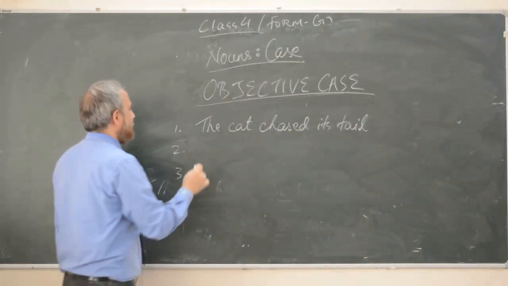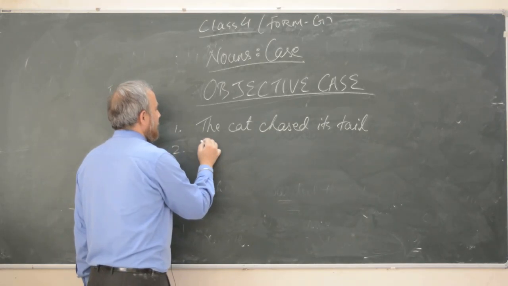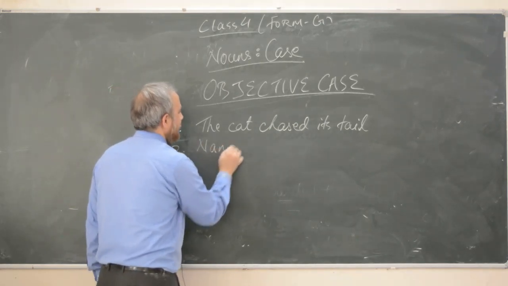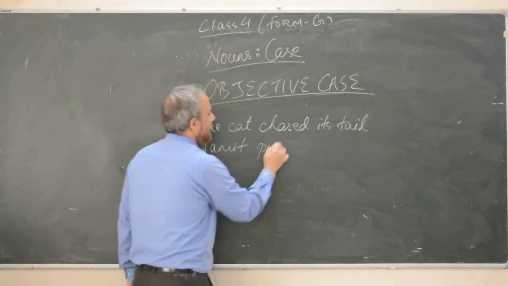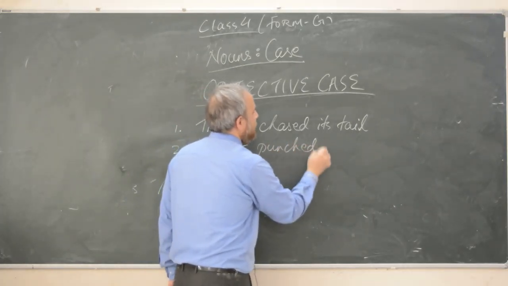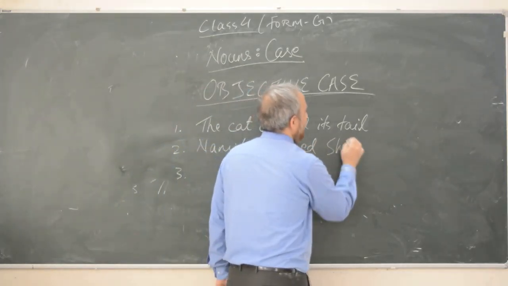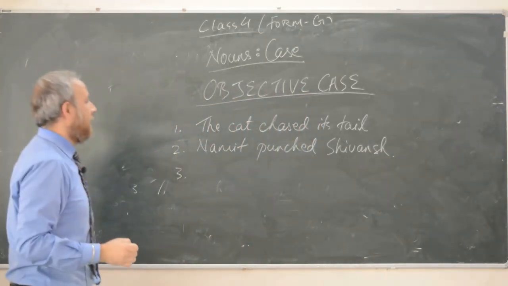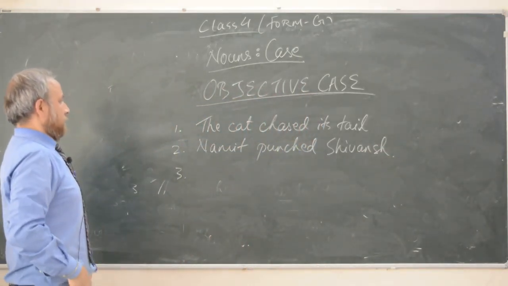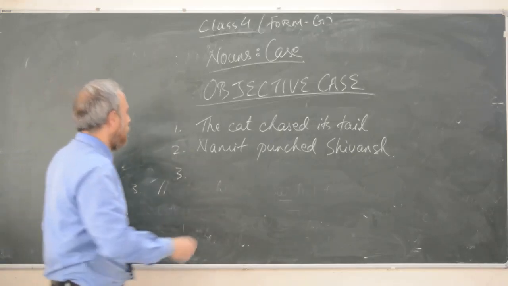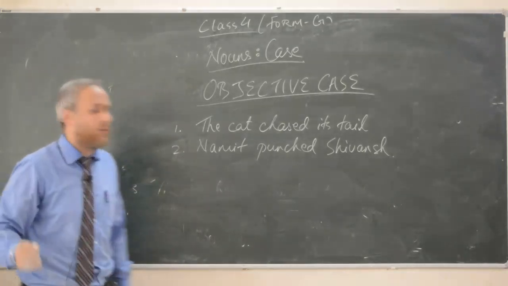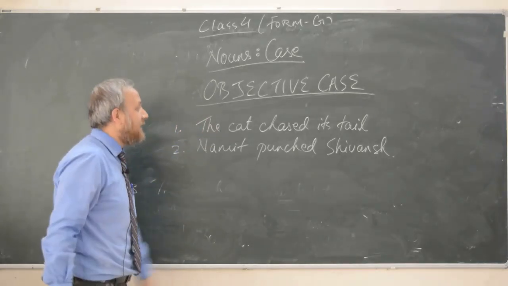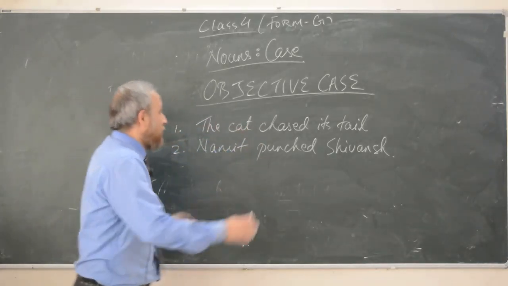Let's say, Namit punched, let's say, Shivansh. Let's keep it at these two sentences as of now because we don't have a lot of time. So the cat chased. So which is the verb here?